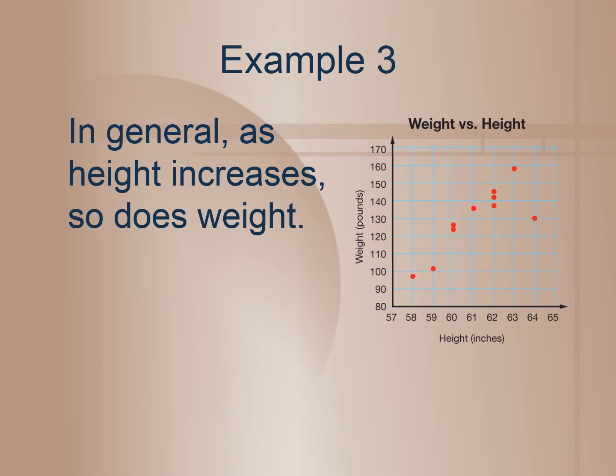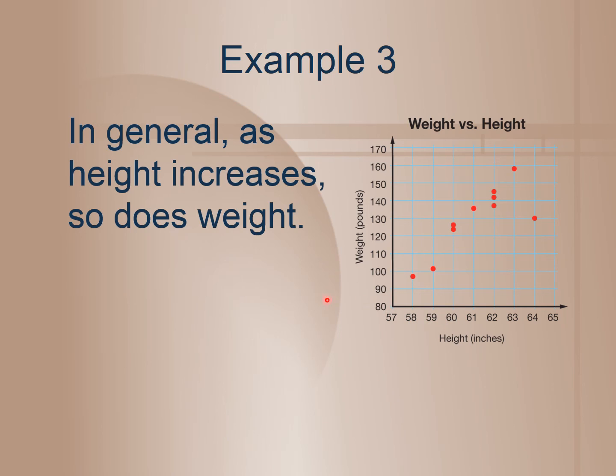So the whole point of the scatter plot is to be able to tell the relationship. Because this is going positive and this is comparing the height and the weight, you can say that as the height increases, the weight increases. So you can get a relationship between the two numbers. And then notice the scale. On your x-axis, you start at 57 and you're counting by ones.